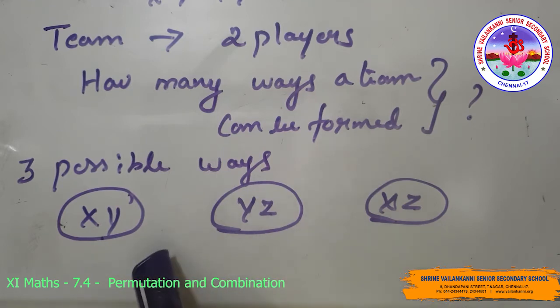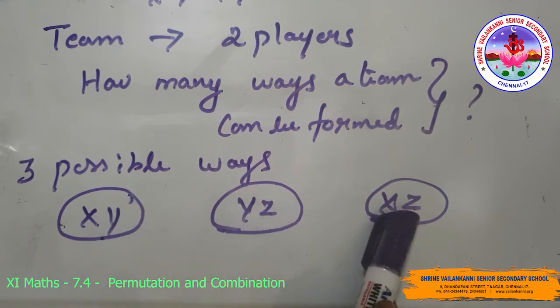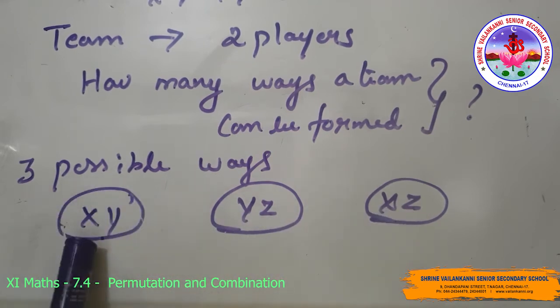Each selection is called a combination of 3 different objects taken 2 at a time. So the order is not important. XY and YX are the same. YZ and ZY are the same.